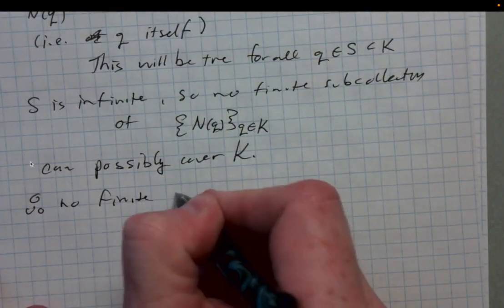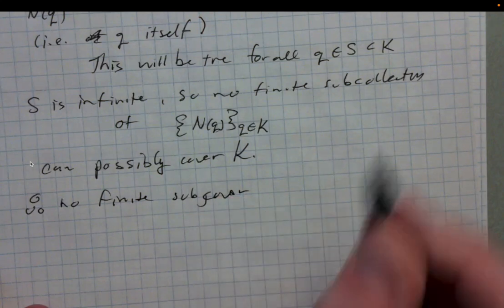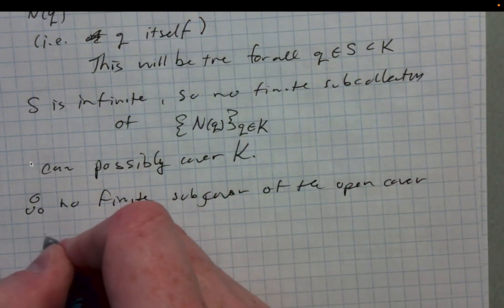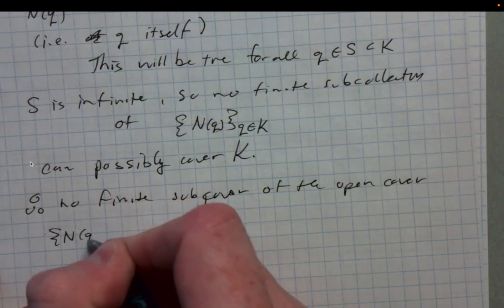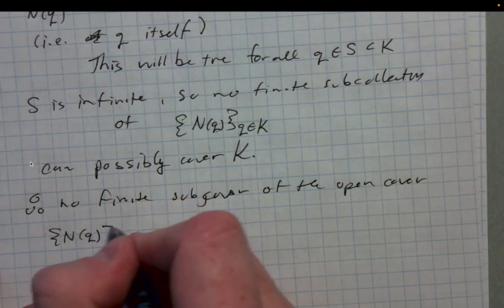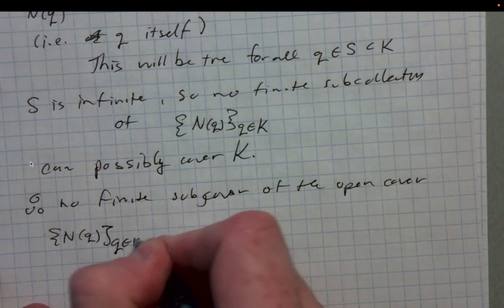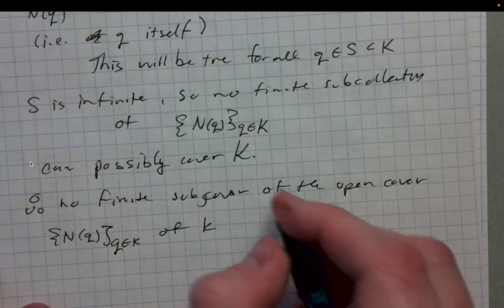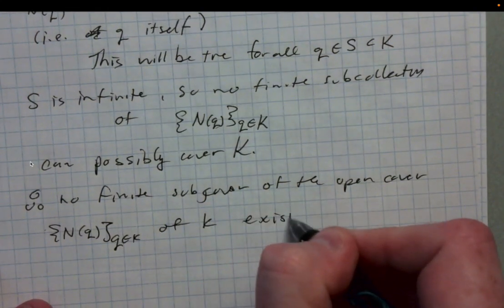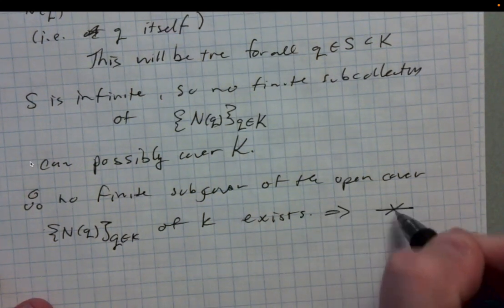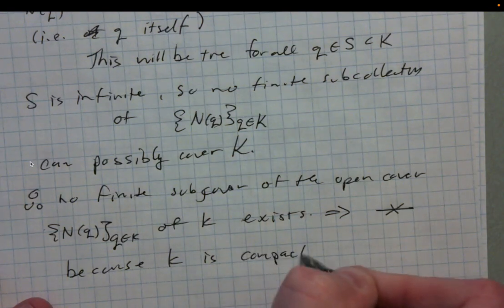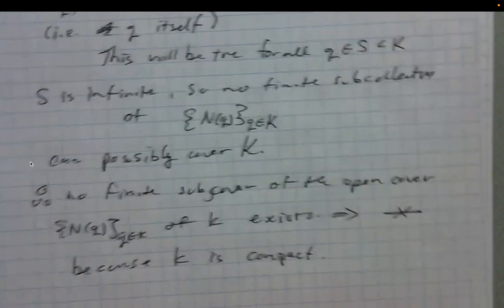Therefore, no finite subcover of the open cover, and the open cover is specifically these neighborhoods around Q for Q in K, exists. That's a contradiction because K is compact, and compactness means that every open cover has a finite subcover.